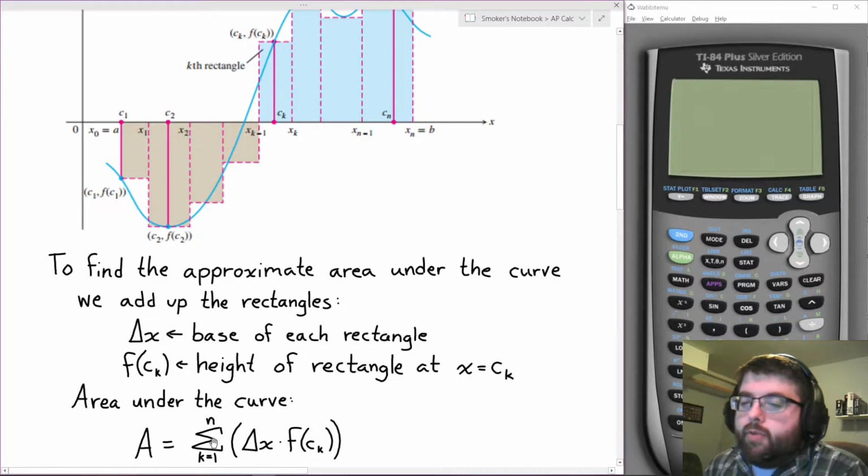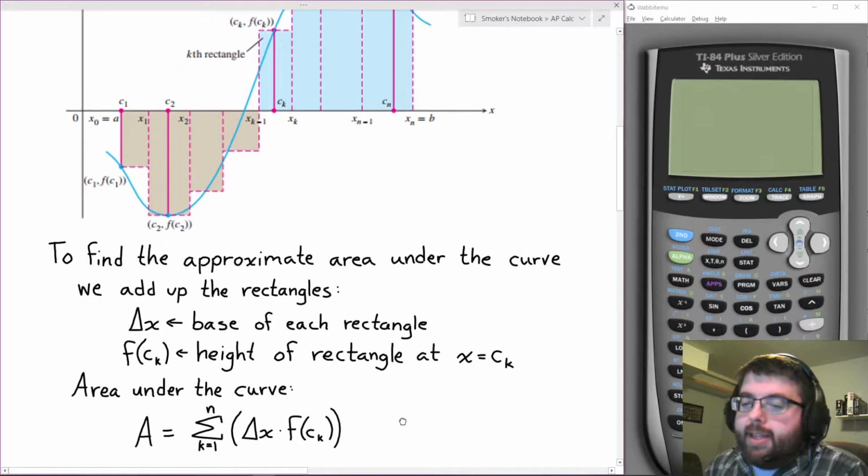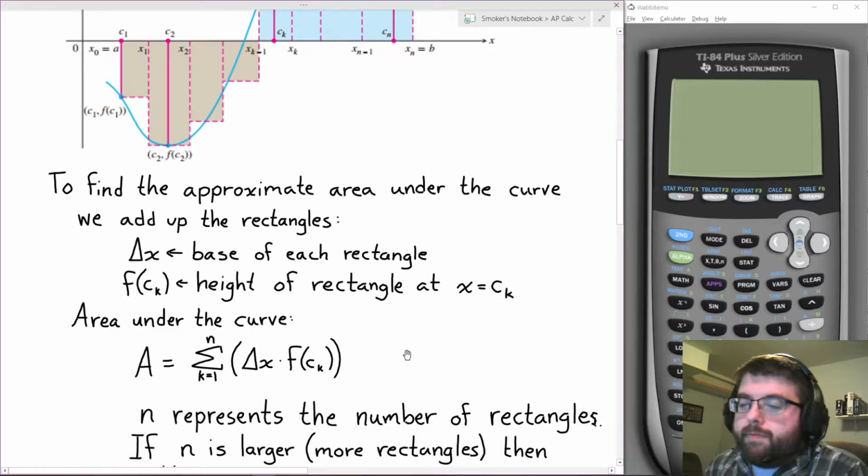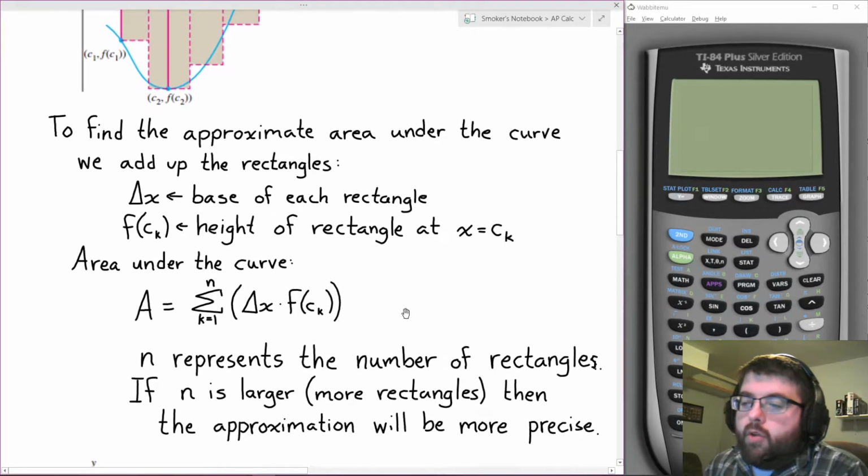So that's what this represents, the sum of a bunch of things. Each time you take one of these, you put a plus between them. That's what that sigma means. n represents the total number of rectangles, so the more rectangles we have, the larger n becomes, and the more precise our approximation will be.